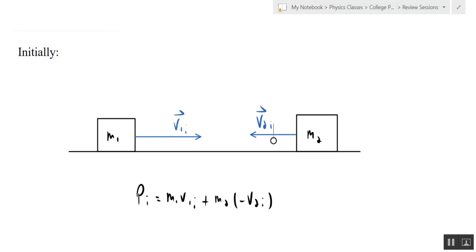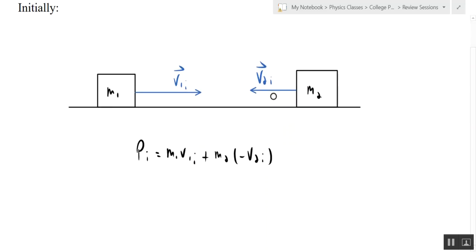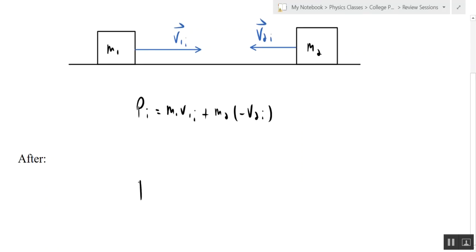So after they collide, this is the same momentum before they collide, because it's the same picture for both inelastic and elastic collisions. However, after they collide, they bounce off one another. They're not stuck together anymore, so the momentum looks different compared to number 1. Just writing it down in general: after they collide, mass 1 is moving at some velocity, so its momentum is m1 v1f.